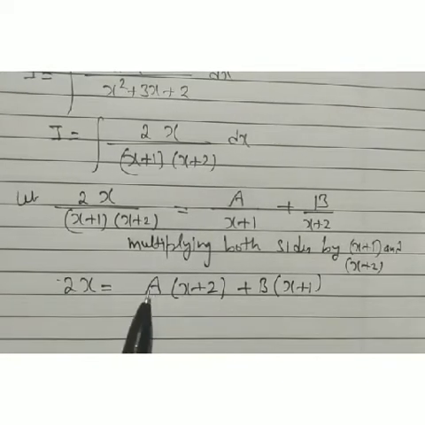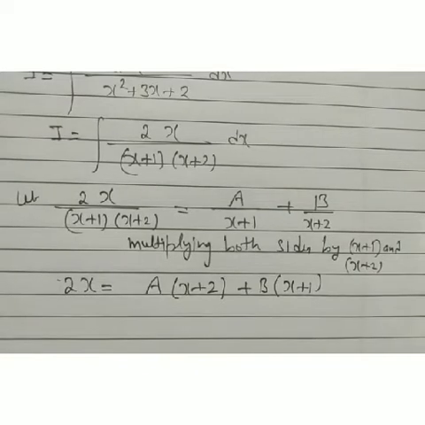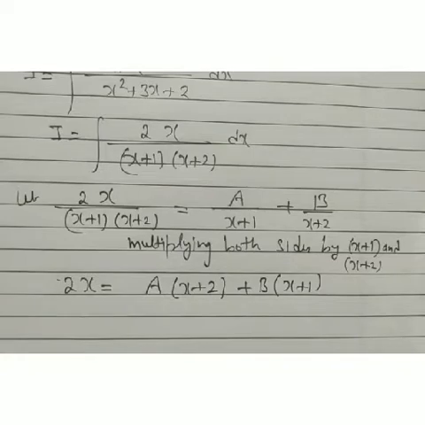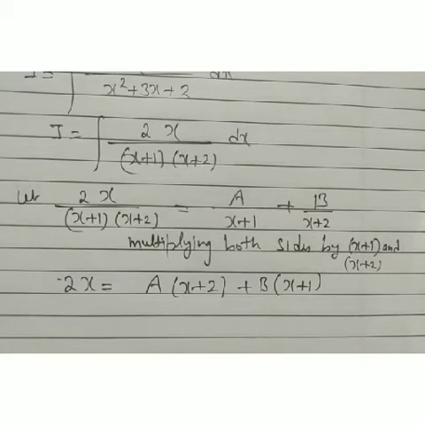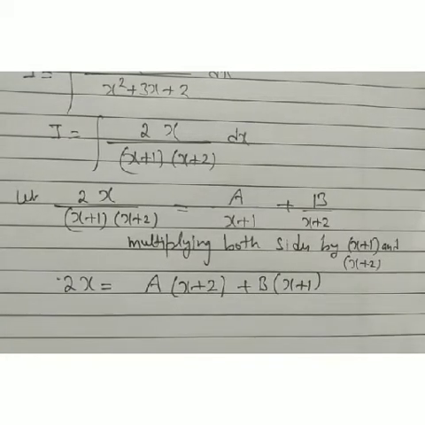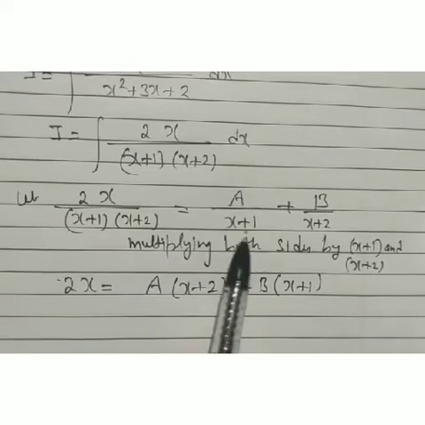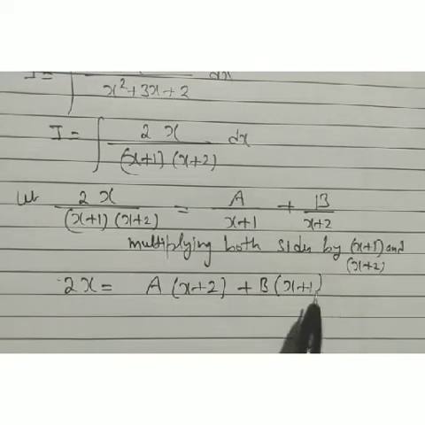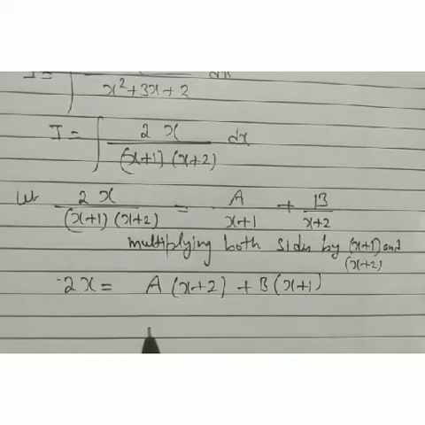Then we compare these parts, and we get two equations in A and B. After solving, we get the values of A and B there. And also we have another method to find them, by using our factor method. We know that the factors are x equal to -1 and x equal to -2, so I am going to use our second method.